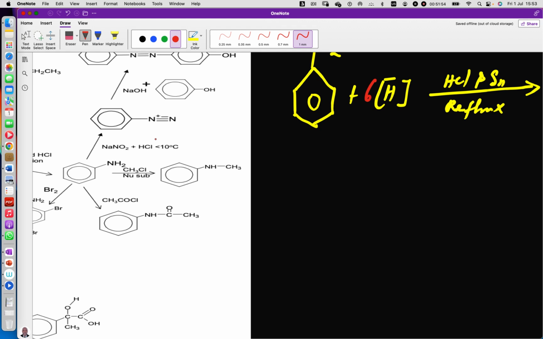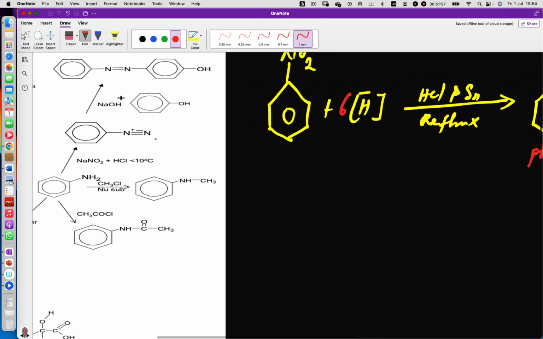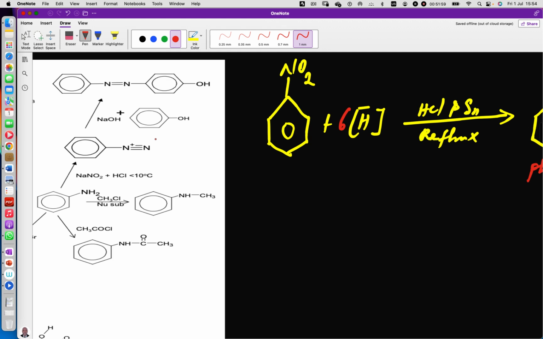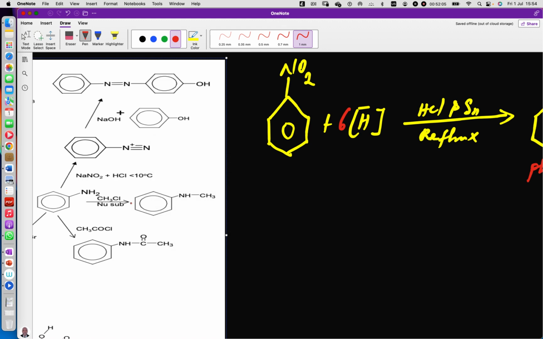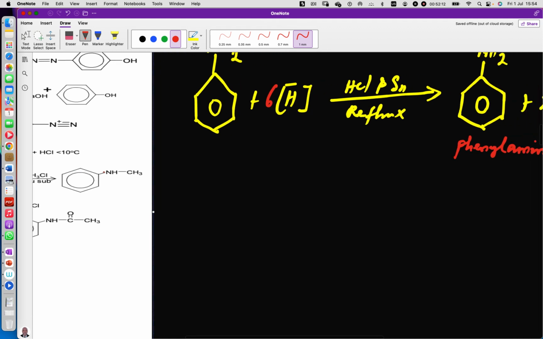So this is what is happening. The phenylamine will react with this to form this, with this reagent at a temperature of less than this.